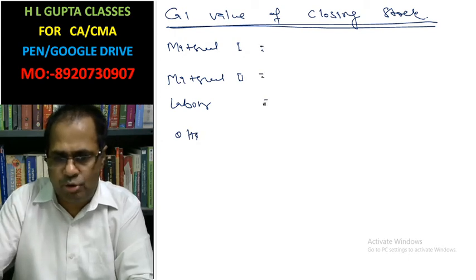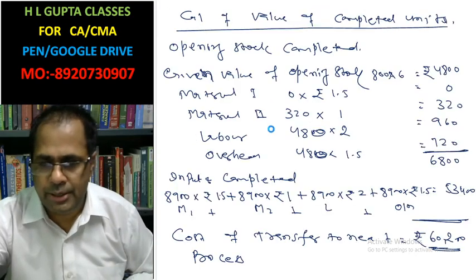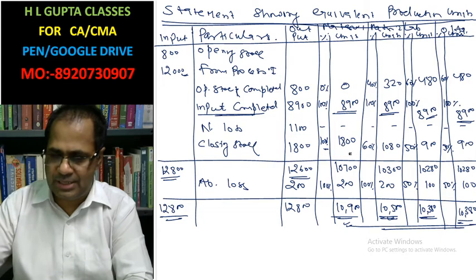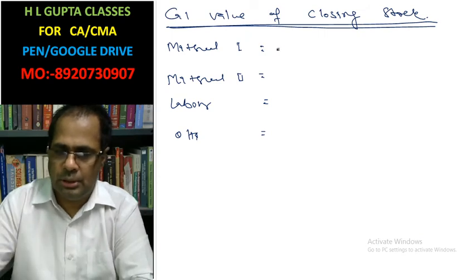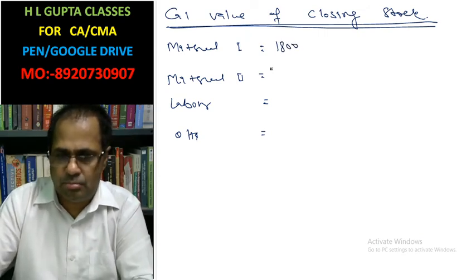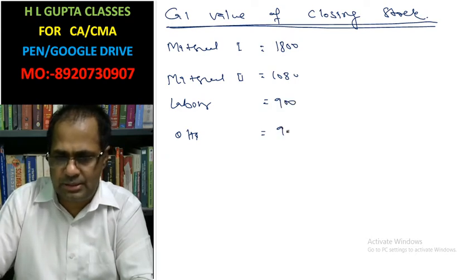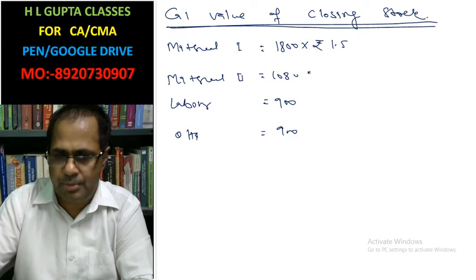So what are the equivalent units in closing stock? Look at it. Equivalent unit in closing stock here. Material first 1800, this is 1800, 1080. This is 900. This is 900.